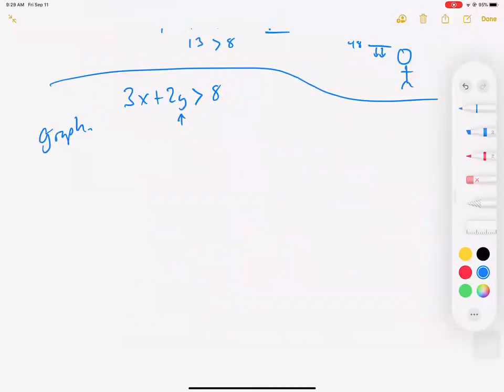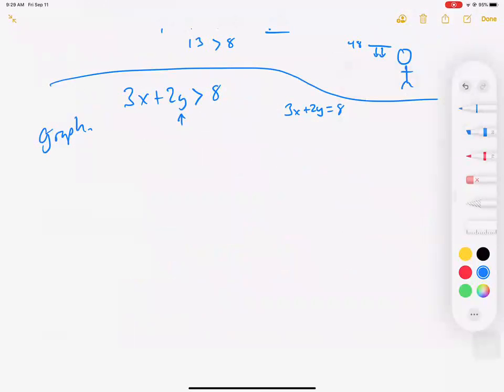And remind yourself that the way we solve inequalities is we treat it like a regular equal sign. This is no different for us if this was equal to 8. There's only one thing about inequalities: whenever you divide or multiply across the inequality by a negative, we flip the inequality. And we'll do an example of that in a little bit.